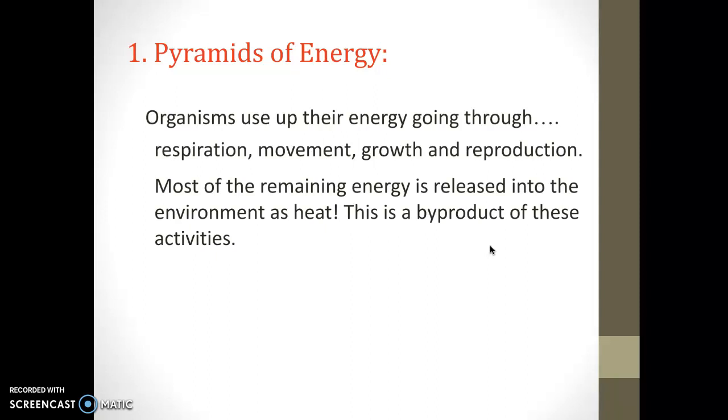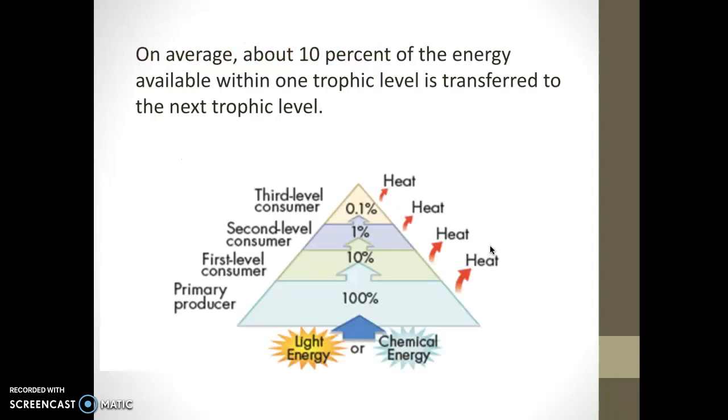All of that takes energy. Here's the thing. Most of the remaining energy is released into the environment as heat. So another way to say that would be any of the energy that you don't use to help you breathe or move or grow, the rest of that energy, or at least part of it, is released in the form of heat to the environment. It's kind of what we call a byproduct of that.